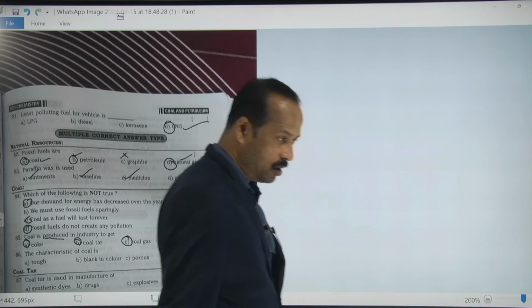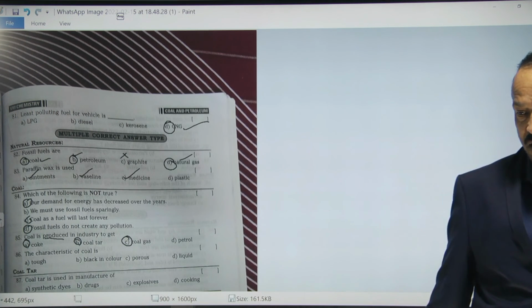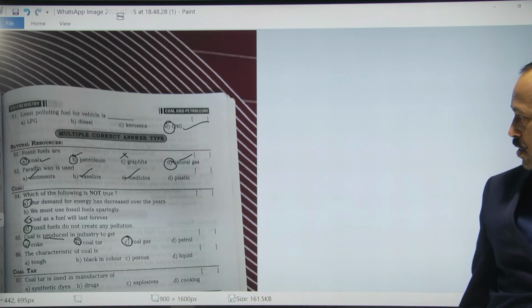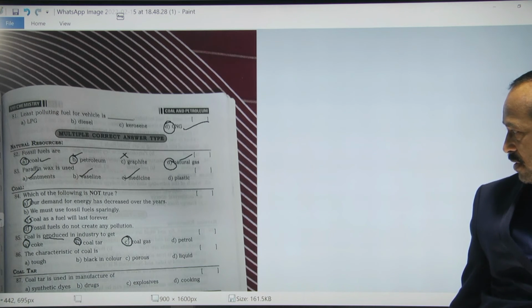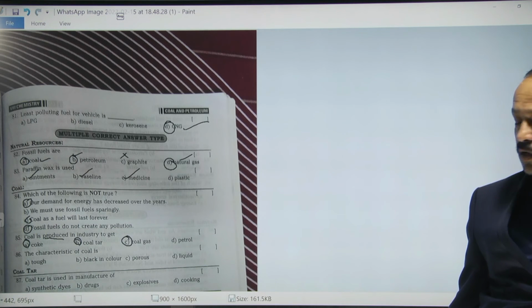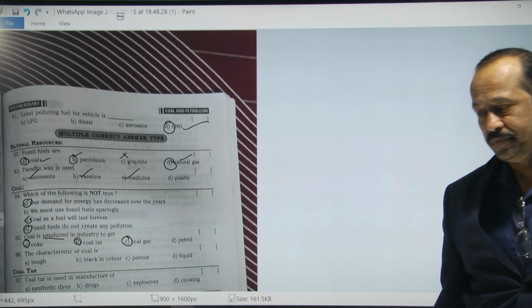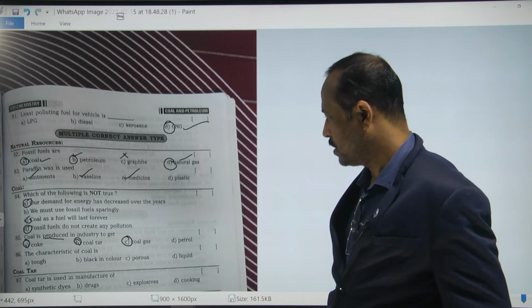Now, the characteristics of coal. See here: it is tough, it is black in color, it is porous, it is liquid. Which of the four are correct?